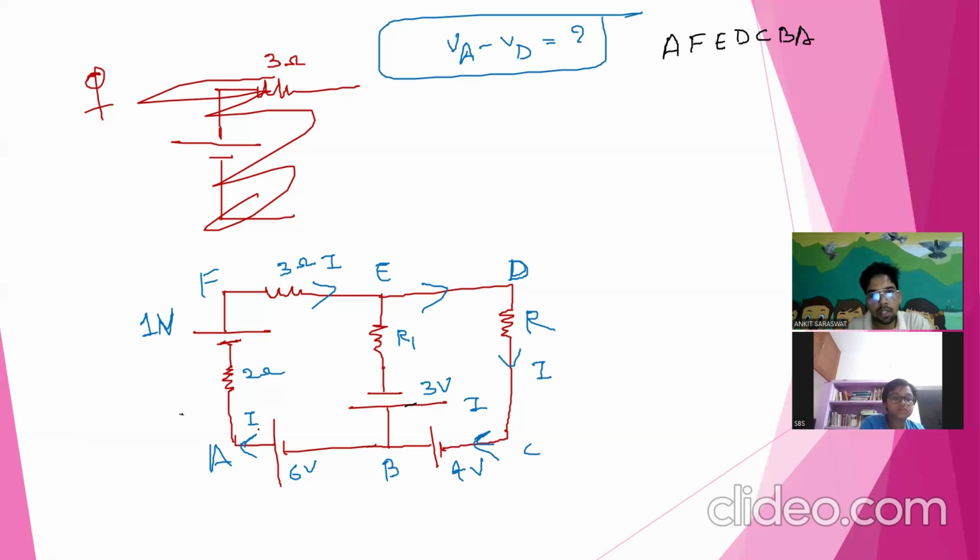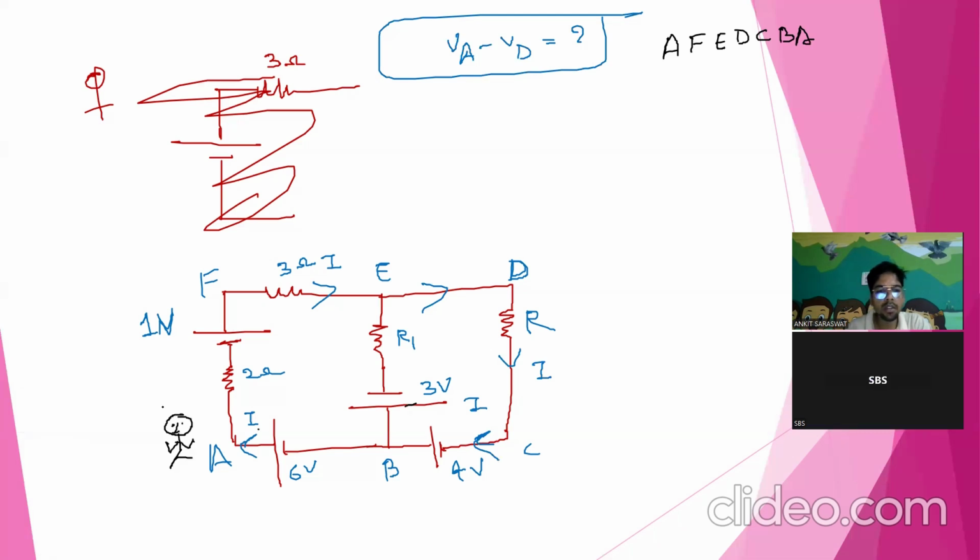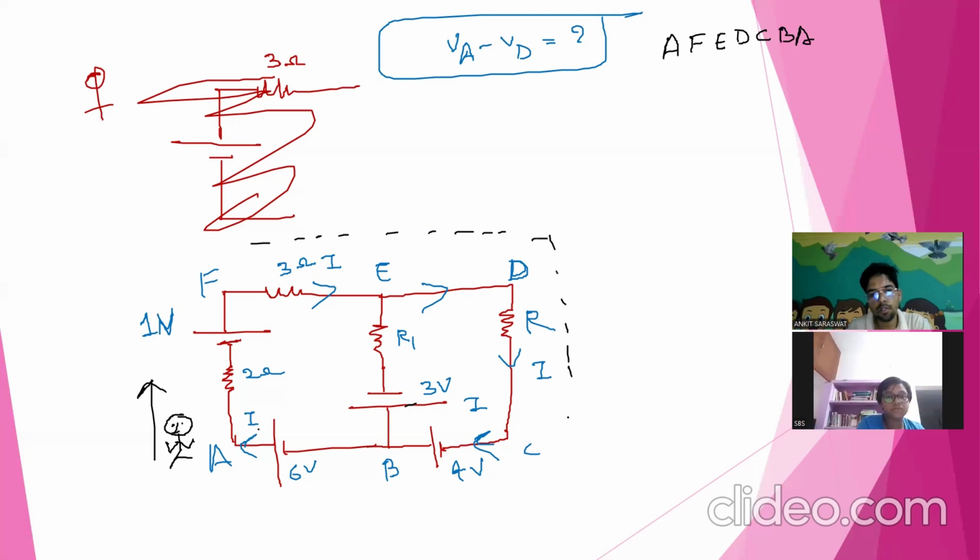You are starting from A to F. This is you observer. You are moving from this path. This is your path, this is your direction of path.